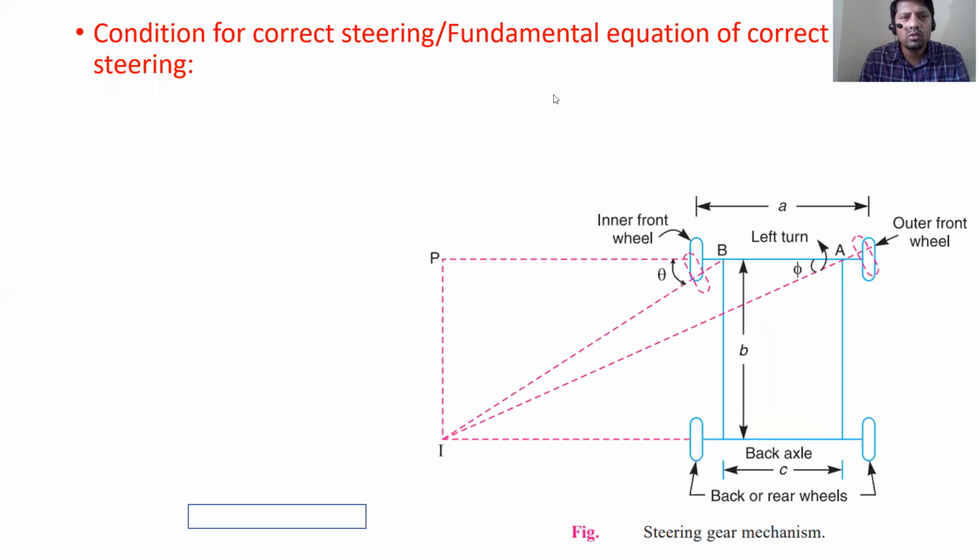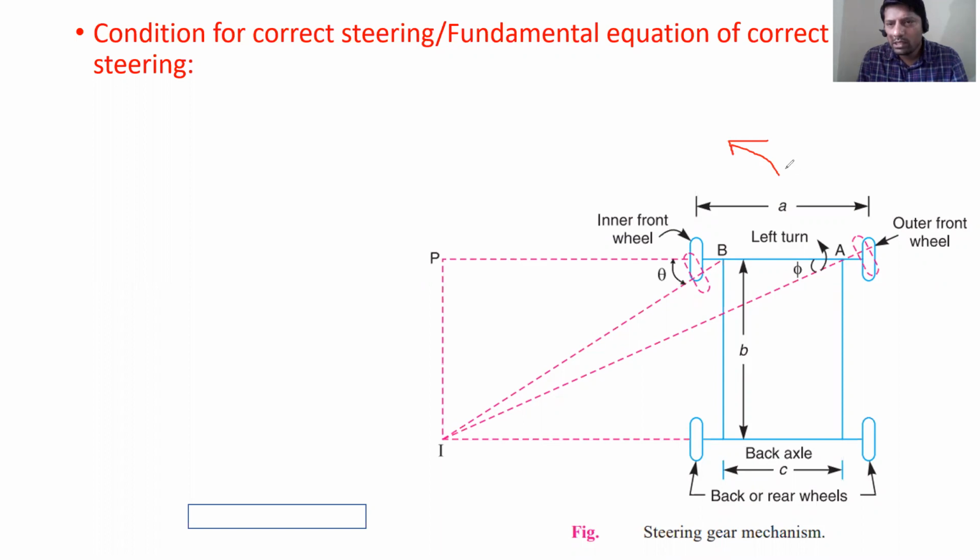So it is shown to you the vehicle chassis like this. There is the inner front wheel and the outer front wheel. How will you decide? Suppose this vehicle is going in the left direction, so the driver has to turn it.